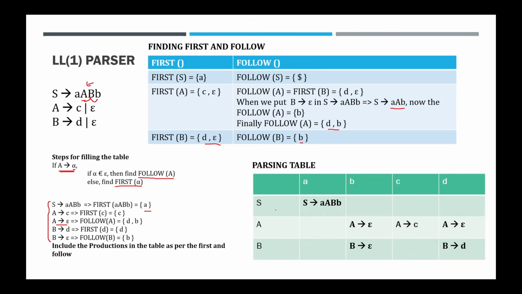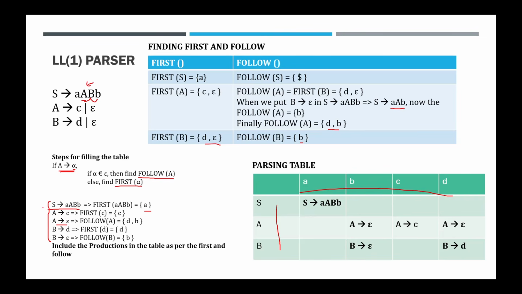Okay. So this is my table. This is how we will do it. This is a table. So here include all the non-terminals in the rows and include all the terminals as the columns. A, B, C, D are my terminal symbols. Okay. And now this is my first production.